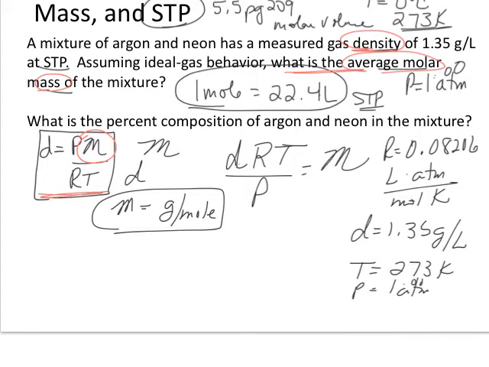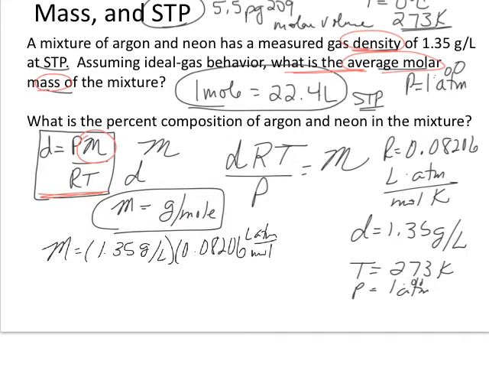So now it's just a matter of what I call plug and chug, and we will solve for molar mass. 1.35 grams per liter times 0.08206 liter atmosphere per mole Kelvin, times 273 Kelvin, all over 1.00 atmosphere.